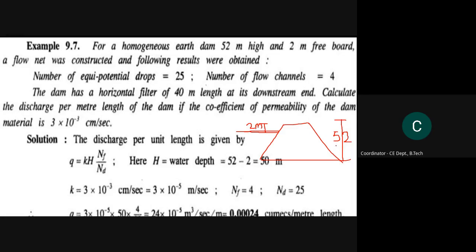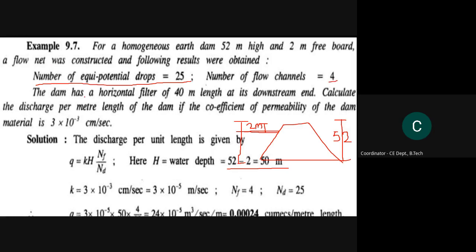So for seepage analysis, what will be our height? It will be 52 minus 2, so the water depth will be 50. A flow net was constructed where the number of equipotential drops has been calculated to be 25 and the number of flow channels to be 4.